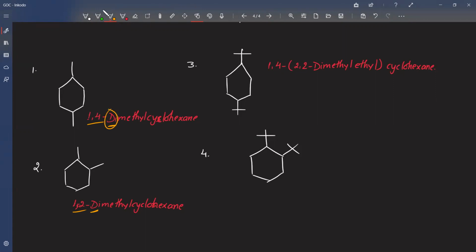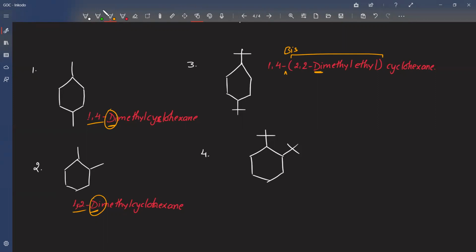So that's why we use di, tri, tetra here. When the entire complex substituent is repeated, we have to use bis. For 2, bis. For 3, tris. For 4, tetrakis, etc.